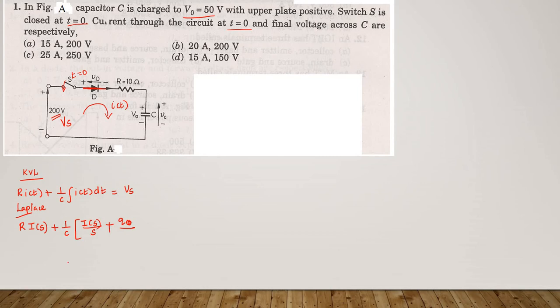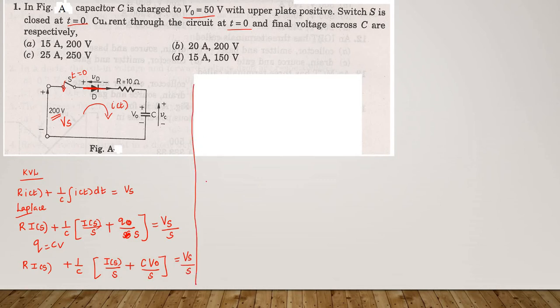What is Q? Q is equal to C into V. So R into I(s) plus 1 by C into I(s) by s plus C into V0 divided by s, that is equal to Vs by s.